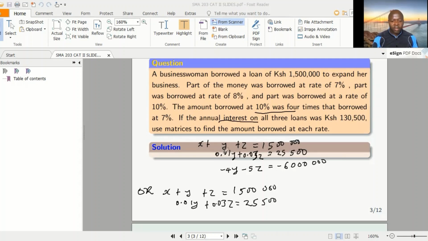Now multiply this equation 2 by 400 and subtract from equation 3. So the first bit here times 400, you get 4y. It's not even subtracting, add. So this by 400 you get 4y, add it to this here of 0. 0.03 z times 400 you get 12z. 12z plus negative 5z, that gives you 7z.